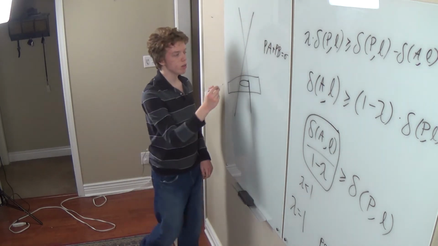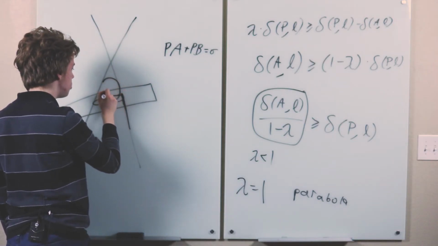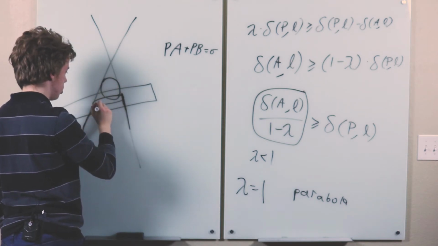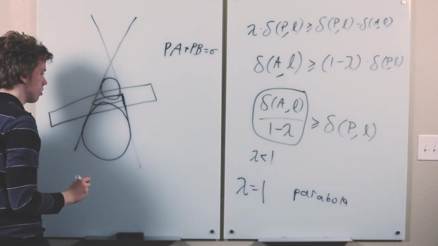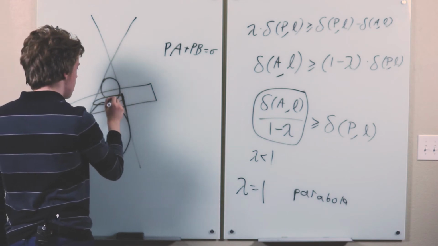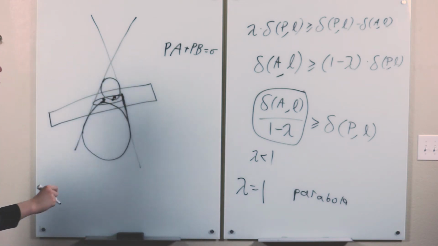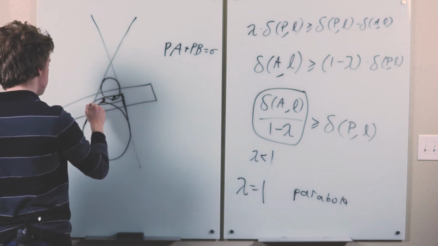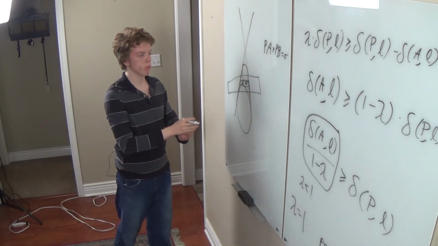And what Dandelin found is that you get them as if you inscribe two spheres in the cone tangent to the plane. And we let these 2 points be A and B. And it turns out that these are the foci of the ellipse. And this number sigma is the distance of the tangent between them.